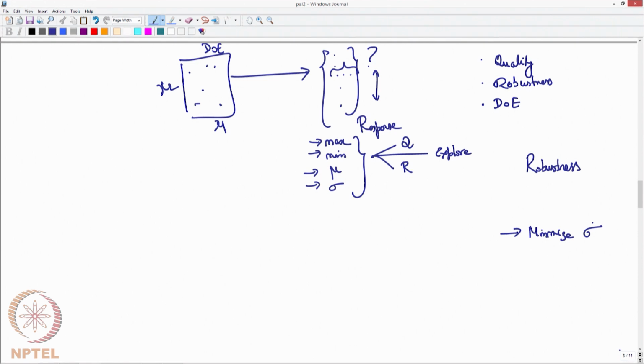Minimize sigma. You are minimizing the variation, that is correct. Okay. What he told is also correct. You are kind of minimizing the effect without touching the cause itself, that is correct. But mathematically, as an engineer, when you are looking at it, I am kind of trying to minimize the variance. Is that all?